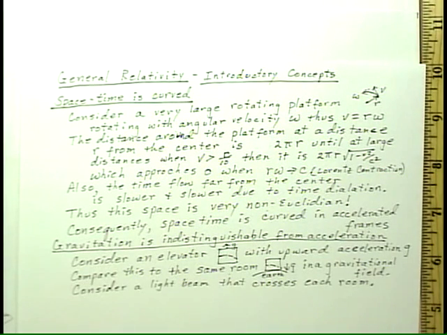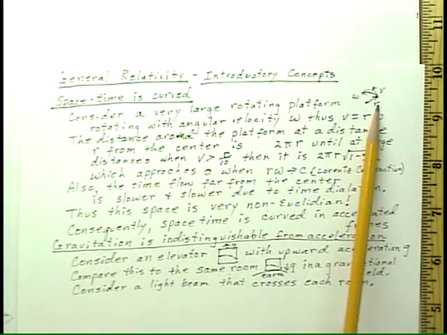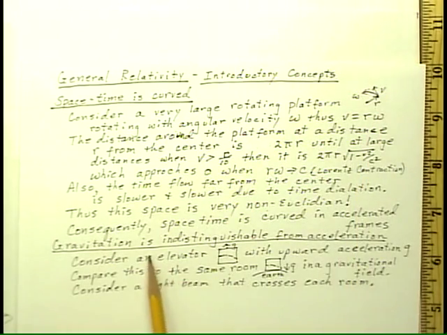So we now see that, first of all, space and time is curved in an accelerated frame and therefore non-Euclidean. We now see that gravitation is indistinguishable from acceleration. So if accelerated frames give us a curved space-time and accelerated frames are indistinguishable from gravitation, it follows that gravitation will give us a curved space-time.